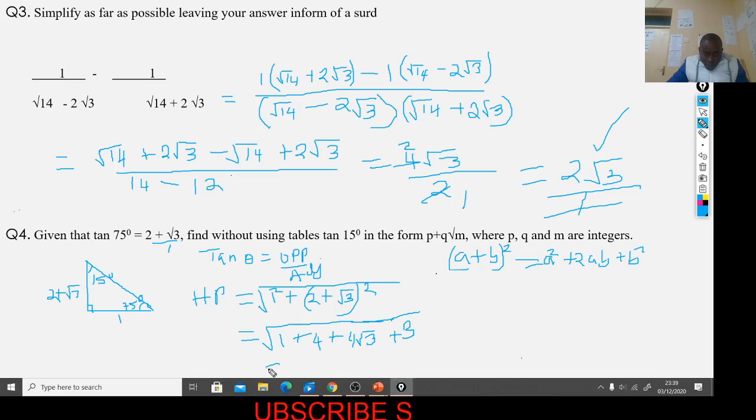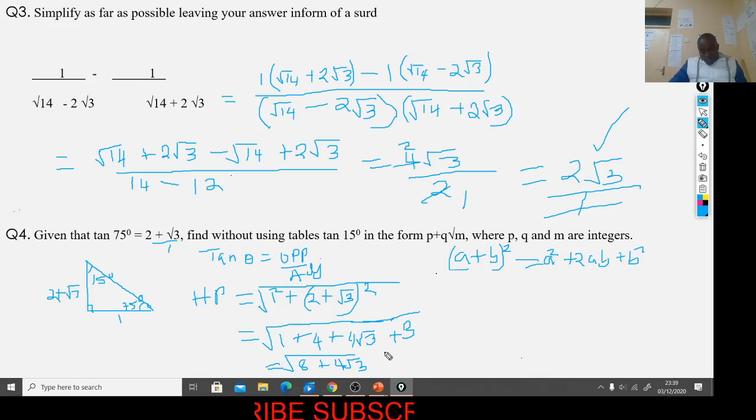This is equal to the square root of 5 plus 3 is 8, so 8 plus 4 root 3. That is my hypotenuse.